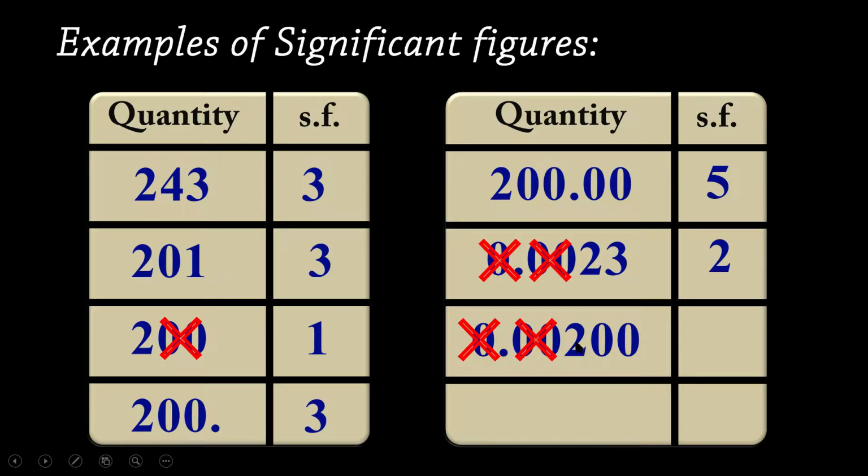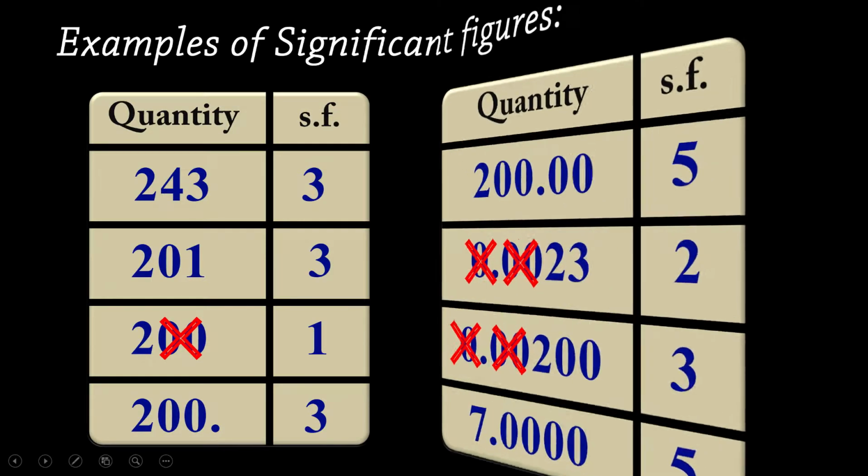I will count them, so I will have 3 significant figures. And at last, if you have 7.0000, all the zeros, the trailing zeros, are counted as significant ones, so I will have 5 significant figures in this case.